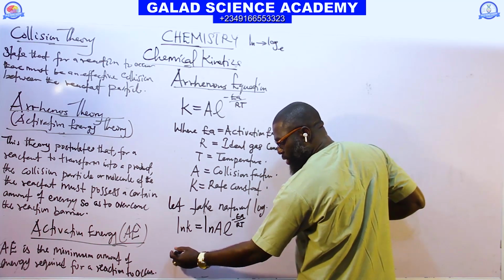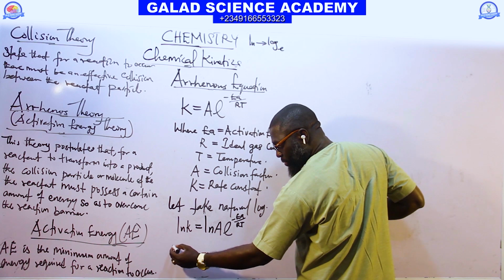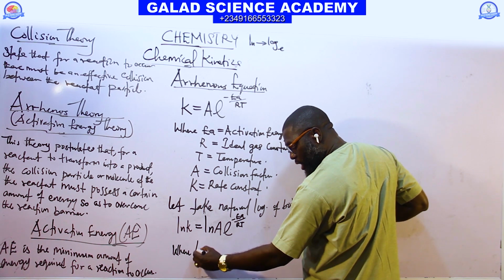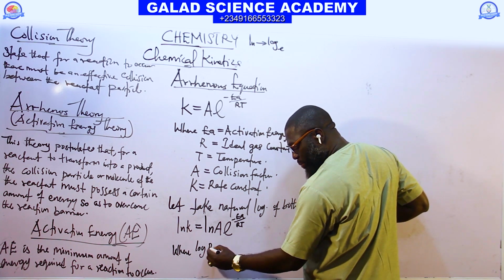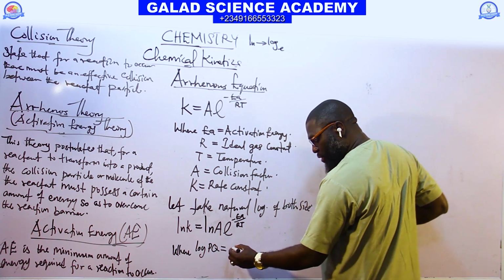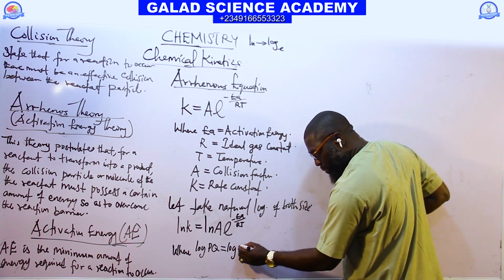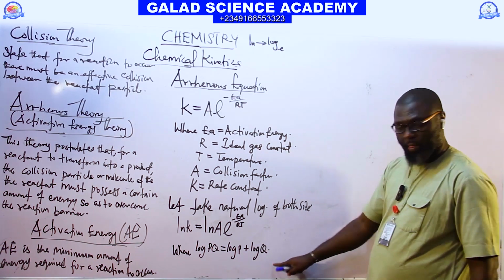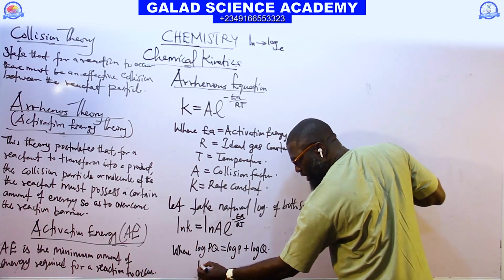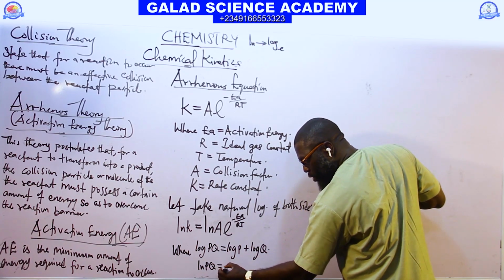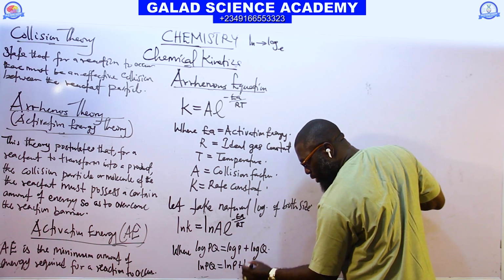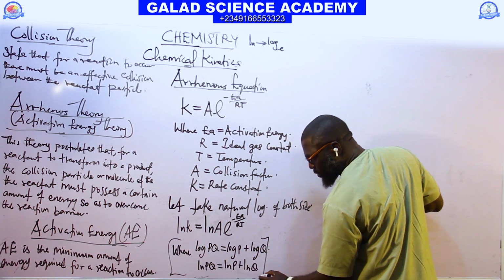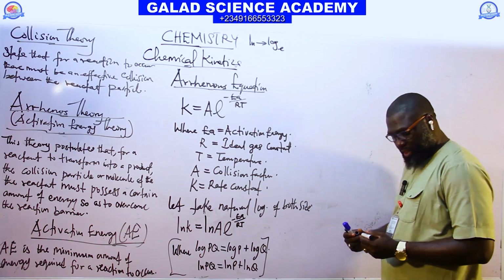And again, from logarithm, if we have logarithm of PQ, it will give you log P plus log Q. Or if you have ln PQ, it goes to ln P plus ln Q. So I borrowed this statement from logarithm in mathematics.